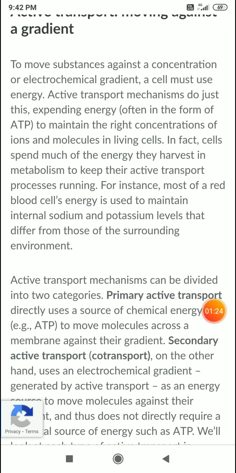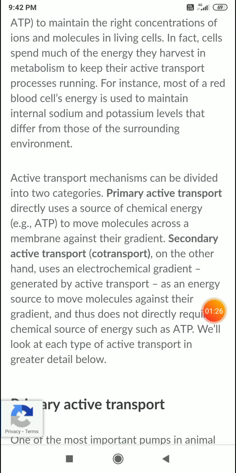Active transport mechanisms can be divided into two categories, that is primary active transport and secondary active transport. Primary active transport directly uses a source of chemical energy, for example ATP, adenosine triphosphate, to move molecules across a membrane against their gradients.